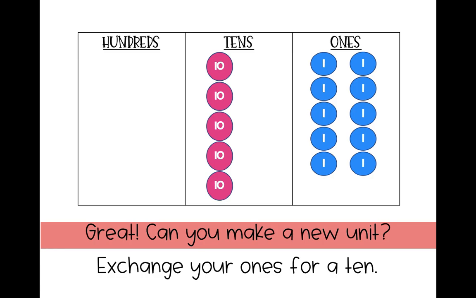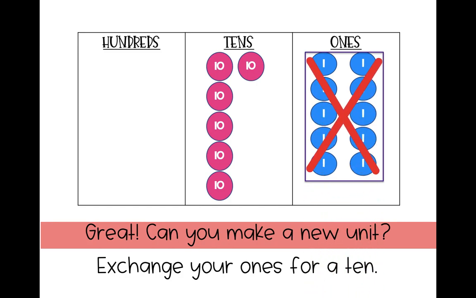To do that, we can put a box around our 10 ones, draw our new 10, and cross out those ones to remind ourselves we no longer have 10 ones. We exchanged them for 1 ten. Now our place value chart still shows 60, but instead we have 6 tens.